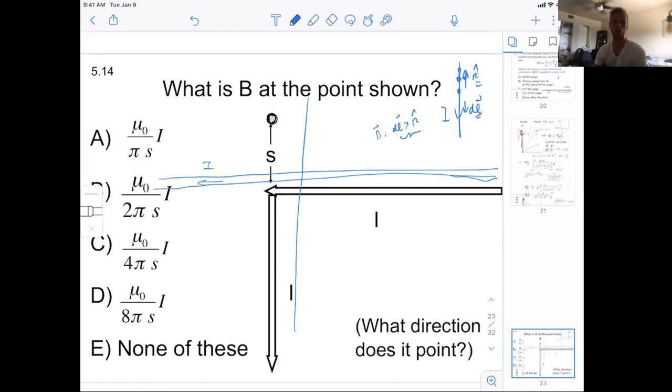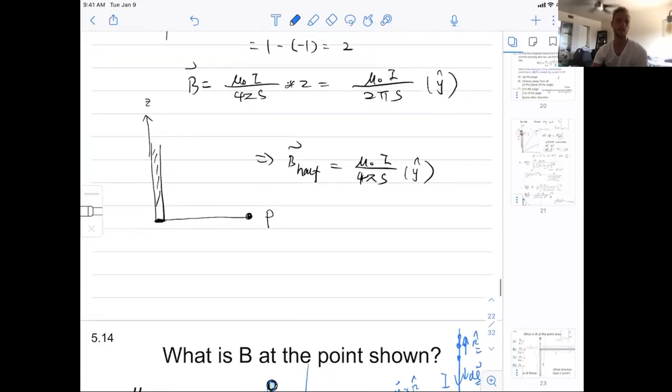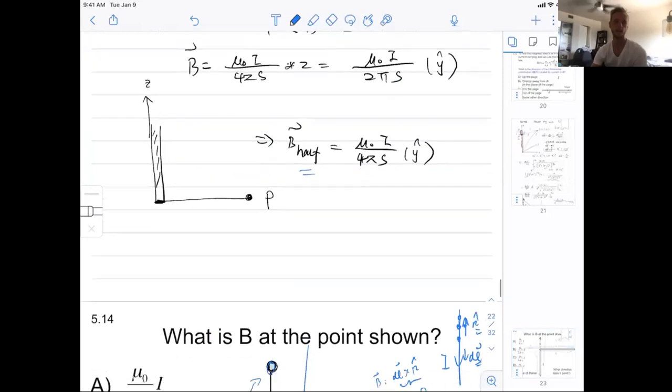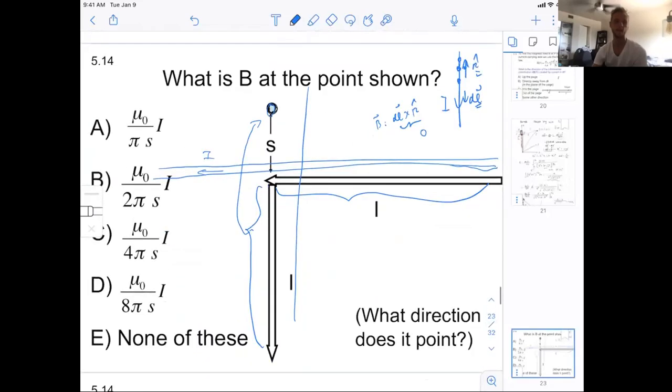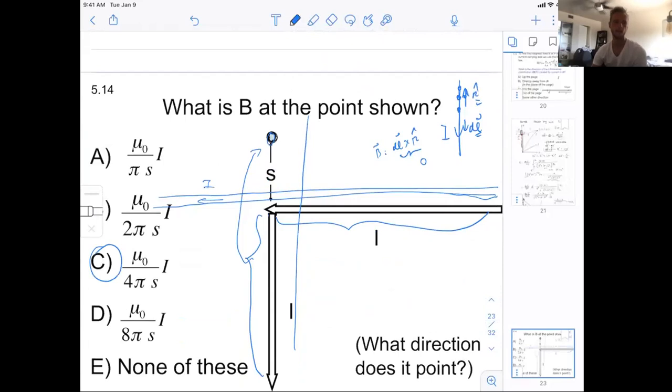Cross product of those two same directions is going to give you 0. So this little section is not going to produce any B field here. All that contribution is coming from here. And you can use the results we did here. It's kind of like a half wire, which is mu naught I over 4 pi s, which is half of the infinite wire result. So C is correct.